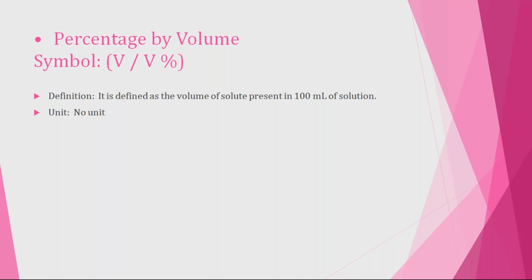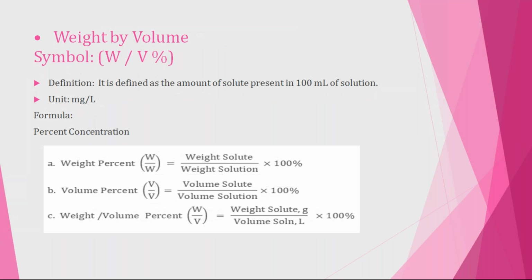So how many volume of solute present in 100 ml of solution will give you volume by volume percent. That is nothing but percentage by volume. The formula for this is volume of solute divided by volume of solution into 100. So here only the changes, instead of weight we are taking here volume.